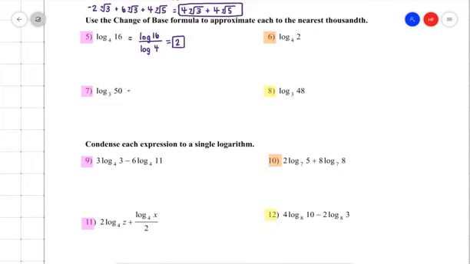I'll do the same thing with number 7. Log base 10 of 50 over log base 10 of 3. Put that in our calculator.